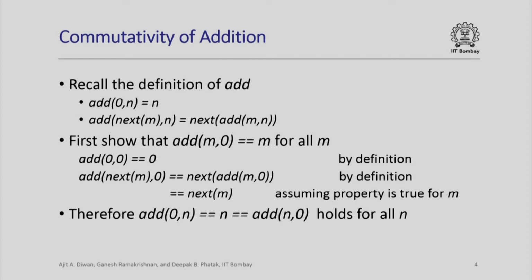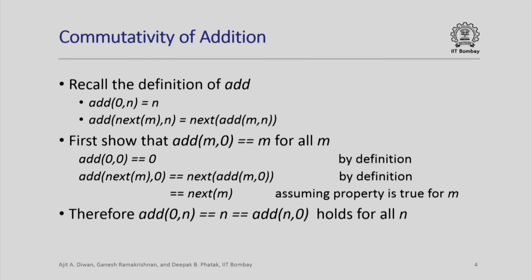Add of 0 comma 0 is 0 because of the first definition, which says that add of 0 n is n for all n. So add of 0 0 is equal to 0, and add of next m comma 0 is now, by the second definition, next of add of m comma 0, and by assuming the property holds for m, that is add of m comma 0 is equal to m, we get that this is equal to next of m.